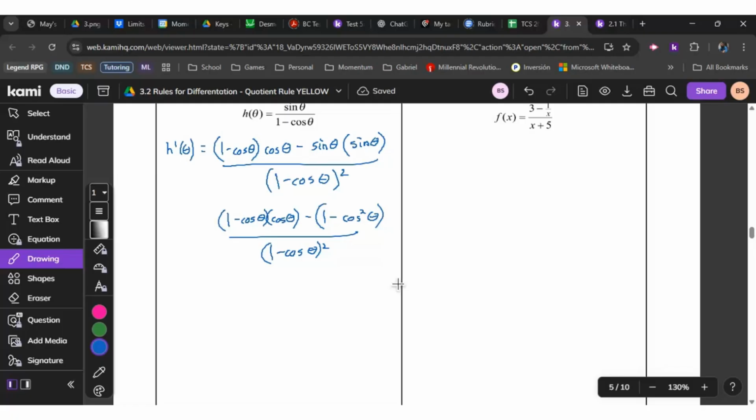I got an idea here. Because then I could go 1 minus cos theta times cos theta, and then I could expand this to be 1 minus cos theta, 1 plus cos theta. Are you seeing it yet, guys?